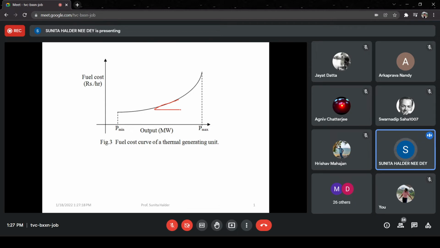This obviously varies from point to point on the fuel cost curve, but at any point if you know the slope of the curve, then for a particular change in power generation, we can estimate the corresponding change in cost. There is no need to find the original cost function. So this is one use of incremental fuel cost.